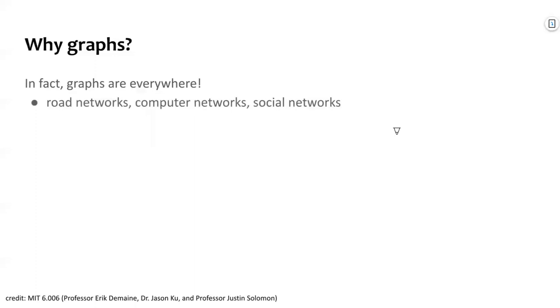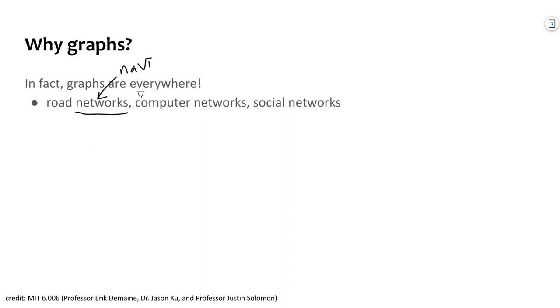And why do we talk about graphs? In fact, graphs are everywhere. When you think about road networks, we use navigation. To implement navigation, we need to represent roads as networks, and to represent networks, we need to use graphs because that is the simplest way of representing networks.